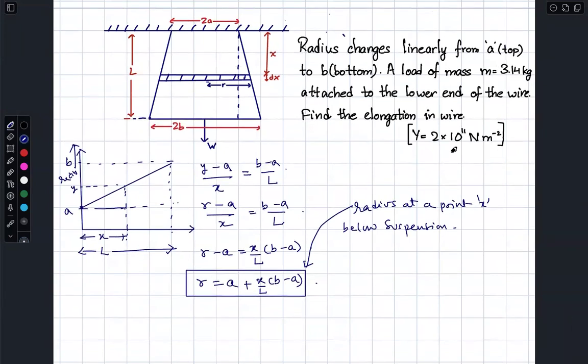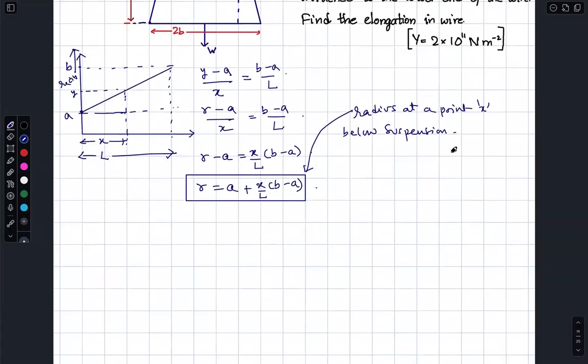See, try to please understand clearly, this is a massless load. Clearly this is a massless load.